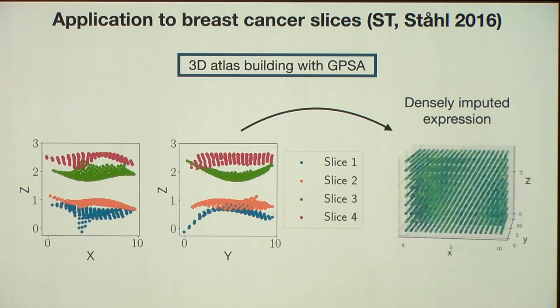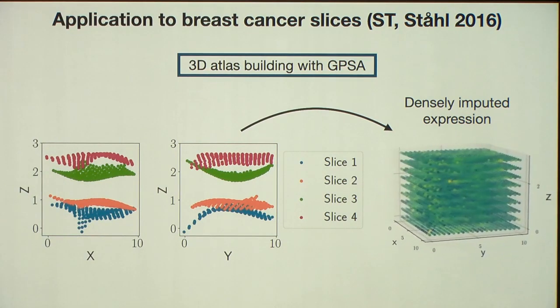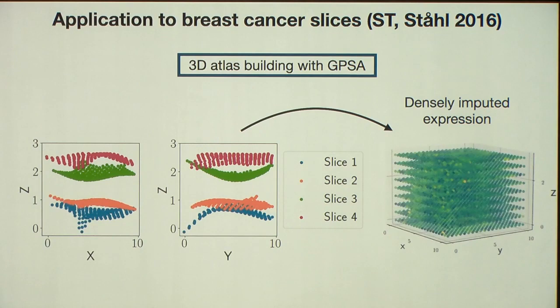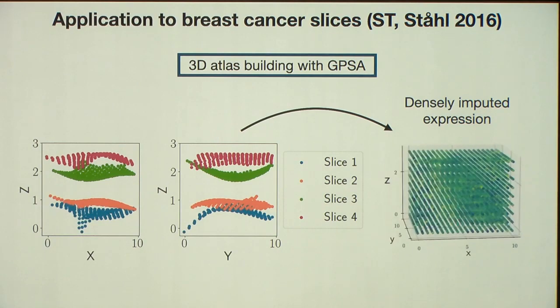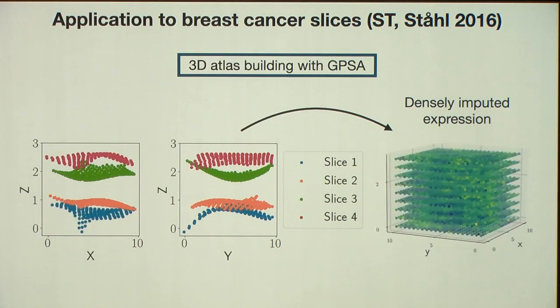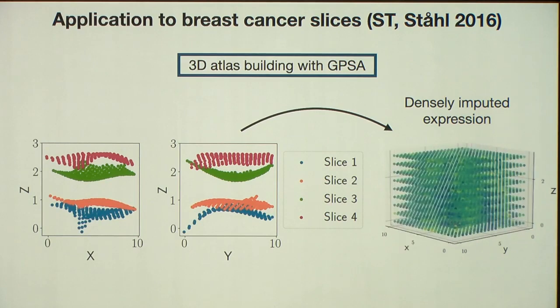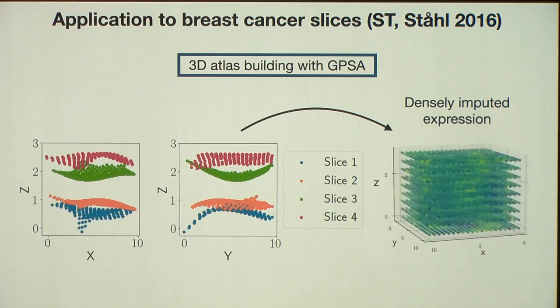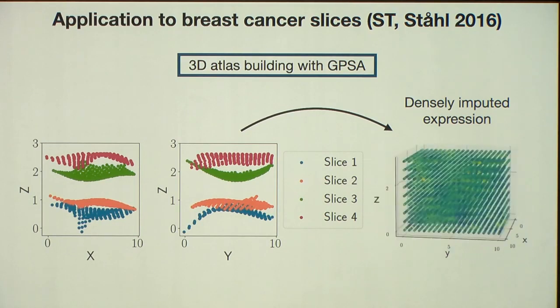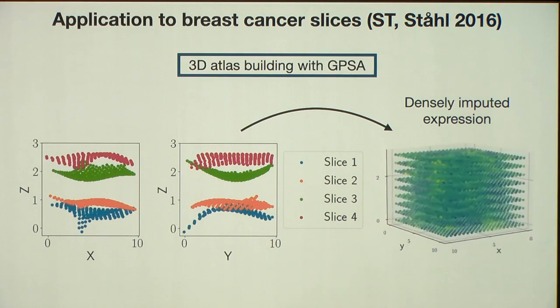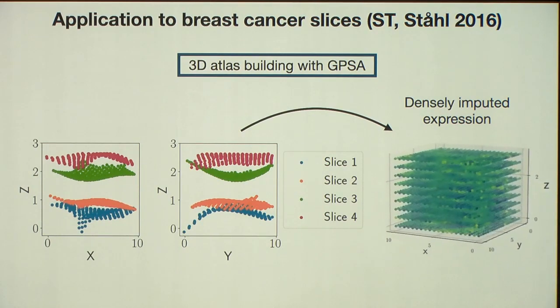Imputation here is straightforward with our model, and on the right here we see a dense imputation for one gene, FN1, where each point is colored by the estimated expression at that point. And so we see this direction of creating 3D atlases from 2D slices as an important direction in the future.